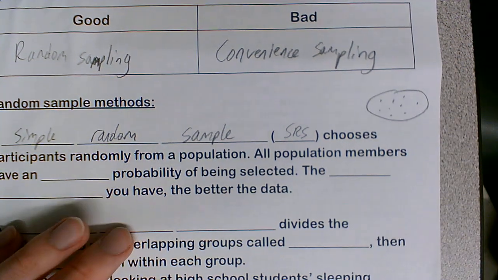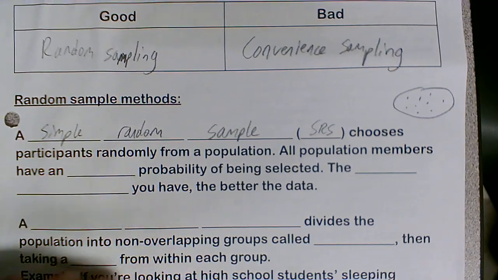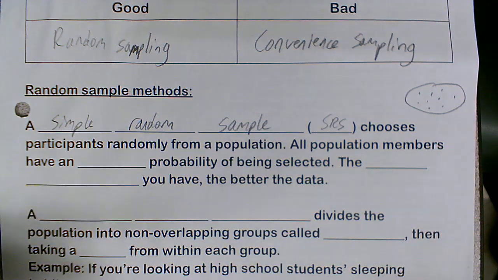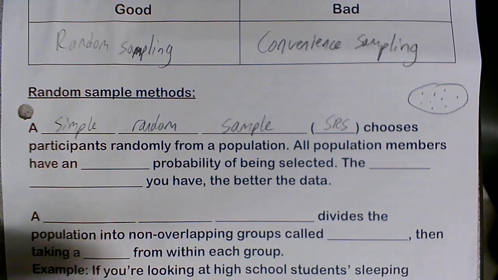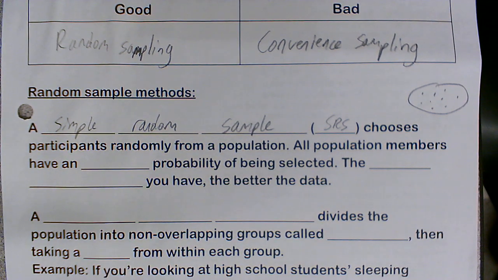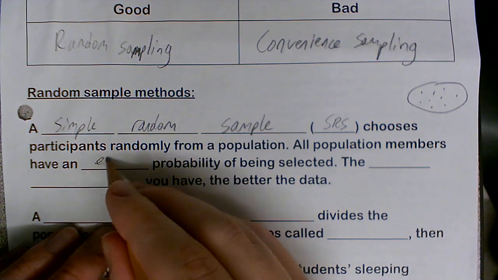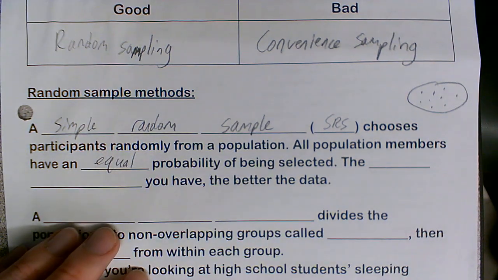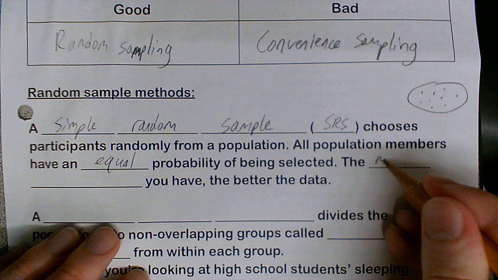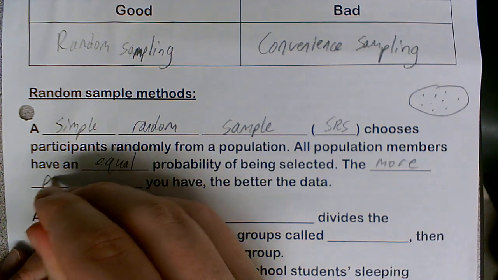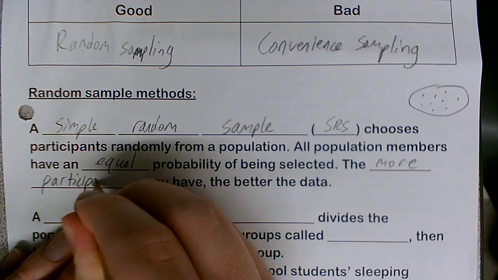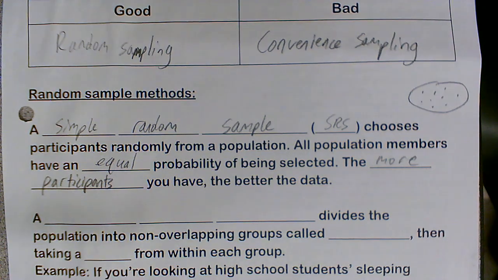You can do this by assigning numbers or popsicle sticks or things like that, and they choose participants randomly from a population. All population members have an equal probability of being selected. The more participants you have, the better the data.